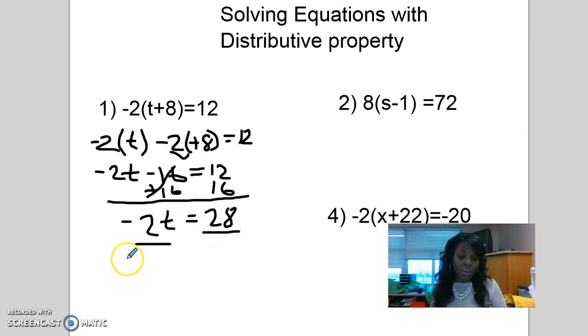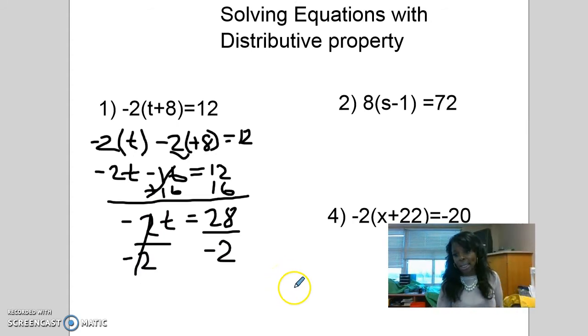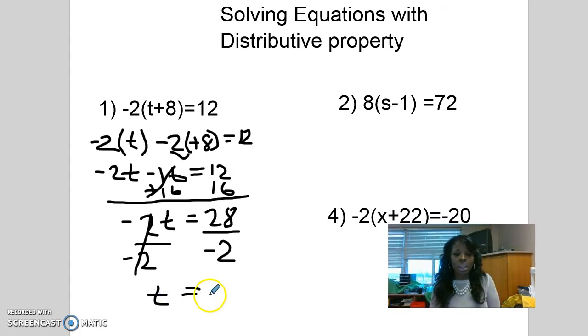So what do we need to do? Separate it into groups of -2. So we're going to separate the 28 by -2. So how many -2s are in 28? -2, -4, -6. We don't need to do all that, right? So we're going to end up with t is equal to -2 goes into 2 one time, 2 goes into 8 four times, -14. T is equal to -14.